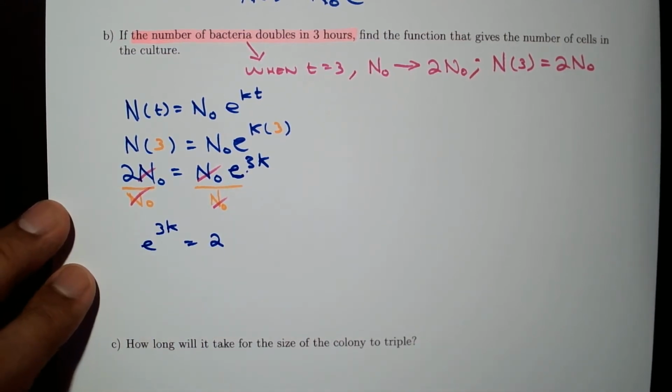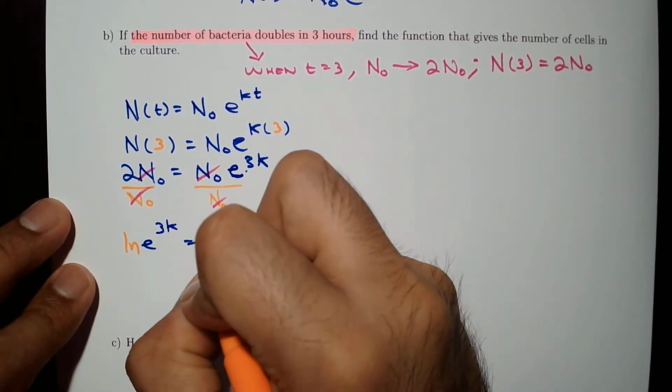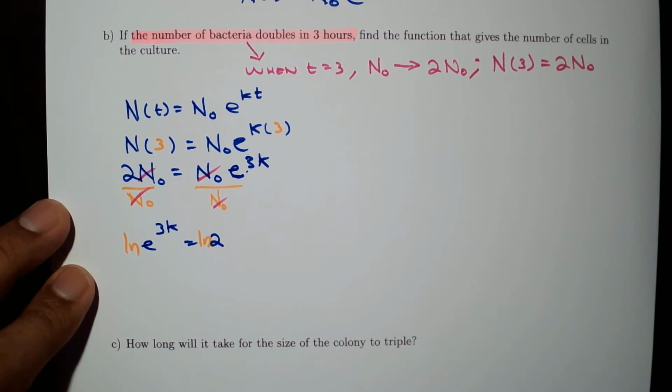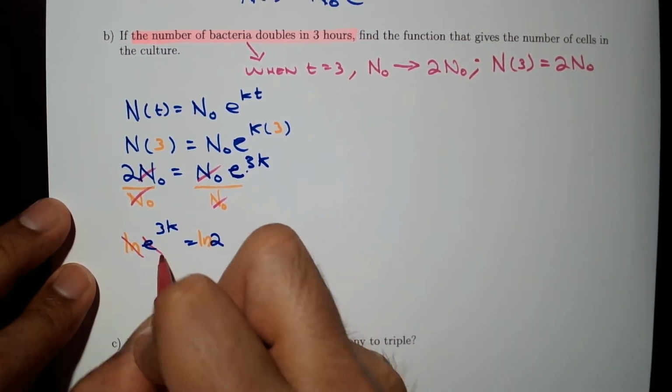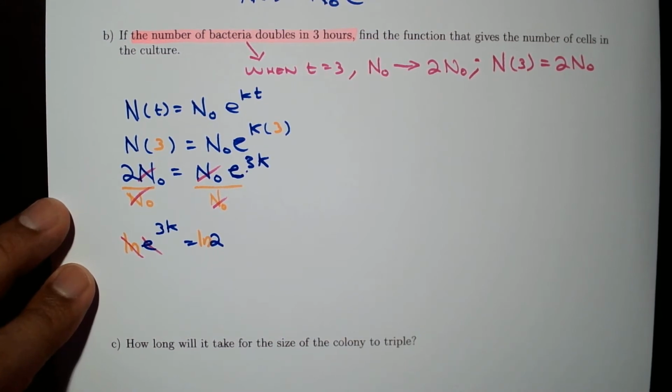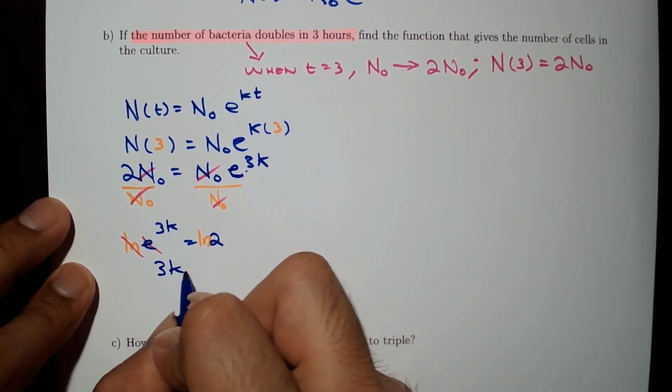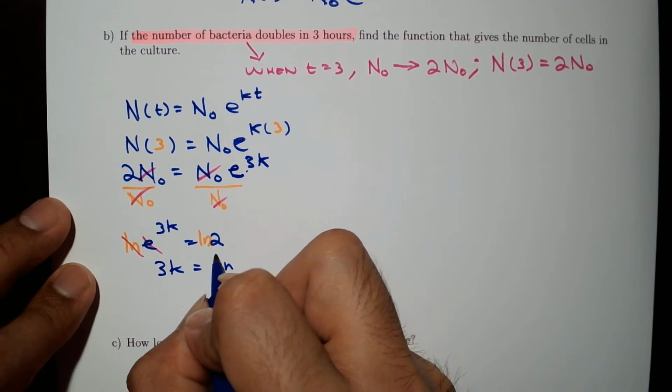So now to solve for this, we undo the exponential by taking ln to both sides. Here ln and e cancel each other, and we get 3k by itself, which is ln of 2.